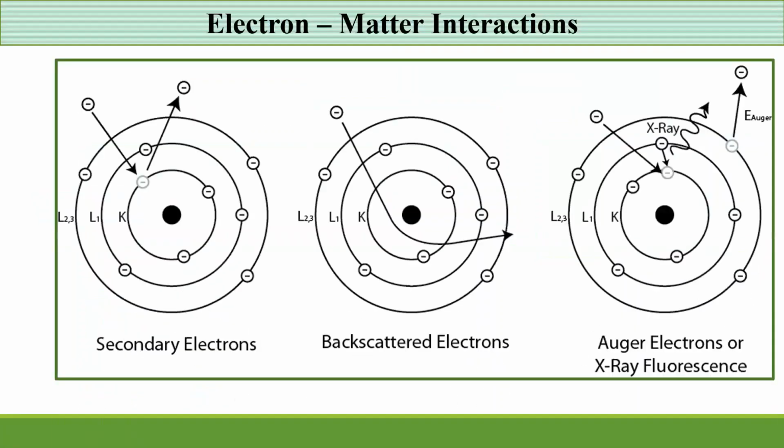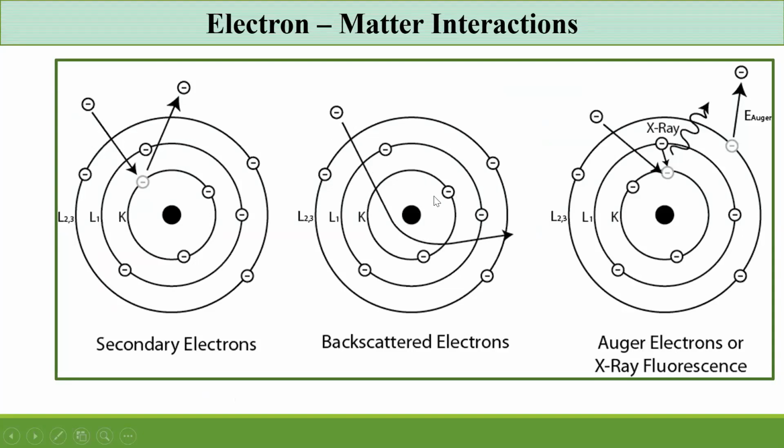So if you remember the electron matter interactions, when the electron is coming as a primary source, then there is a possibility for secondary electrons. The electron from the K shell, the inner shell, is getting detached, and this is a secondary electron emission. And there is a possibility for backscattered electrons without any interaction with electrons.